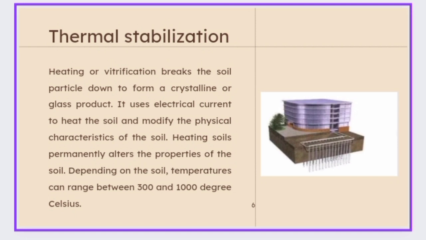Depending on the soil, temperatures can range between 300 and 1000 degrees Celsius. The impact and utility should be considered when heating is used. The applications are densification, stabilization, and immobilization of radioactive or contaminated soil also.